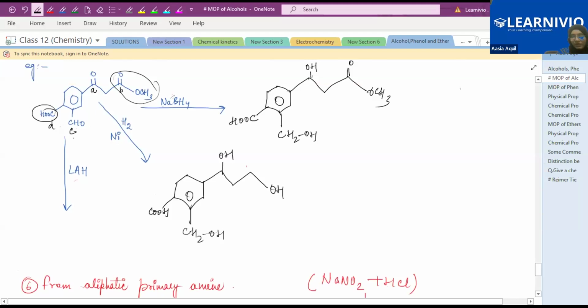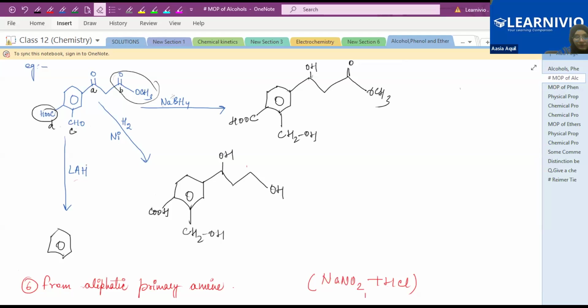Next case, when this compound is treated with lithium aluminum hydride, what will be the product, and which group will be reduced to which one? Ketone will be reduced to OH.